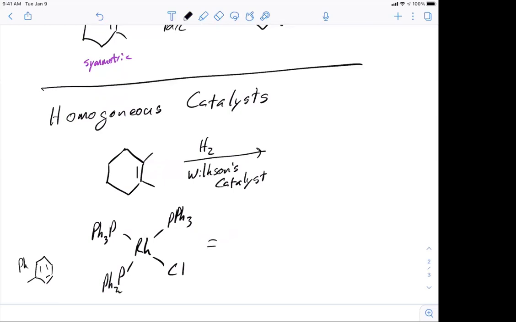This is Wilkinson's catalyst. The advantage of this one is that it's homogeneous. The result is still a syn addition.